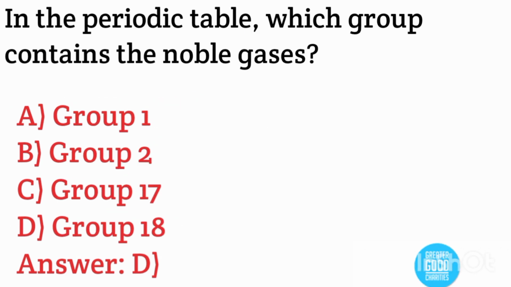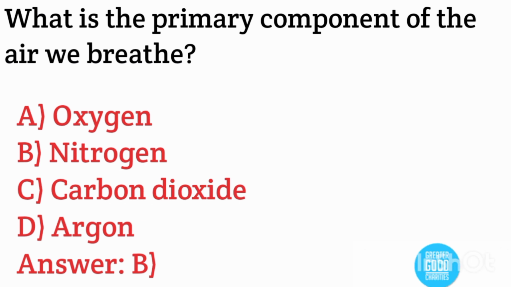In the periodic table, which group contains the noble gases? Group 18. Noble gases are contained in group 18. What is the primary component of the air we breathe? Nitrogen. Option number B is correct.